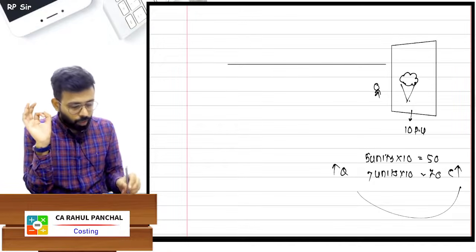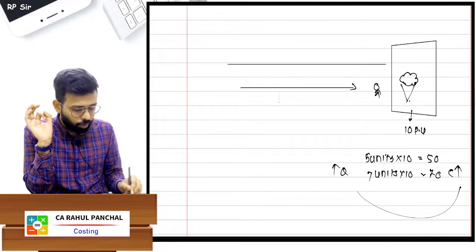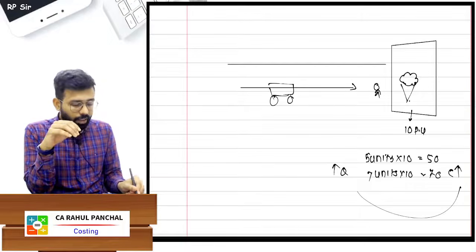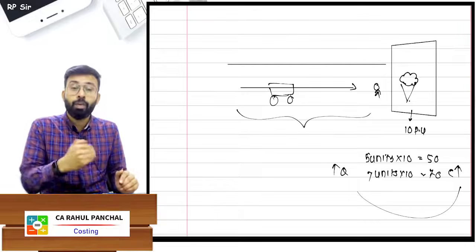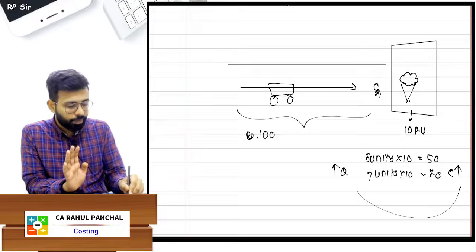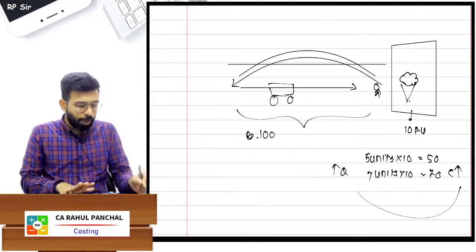But to buy that ice cream, let us say you travel by your vehicle, a bike or a car, and there is a transportation cost, or the cost of petrol, which you will have to bear, and that cost is, let us say, 100 rupees for this journey to and fro. You will go and come back home, and for that you will have to pay 100 rupees.